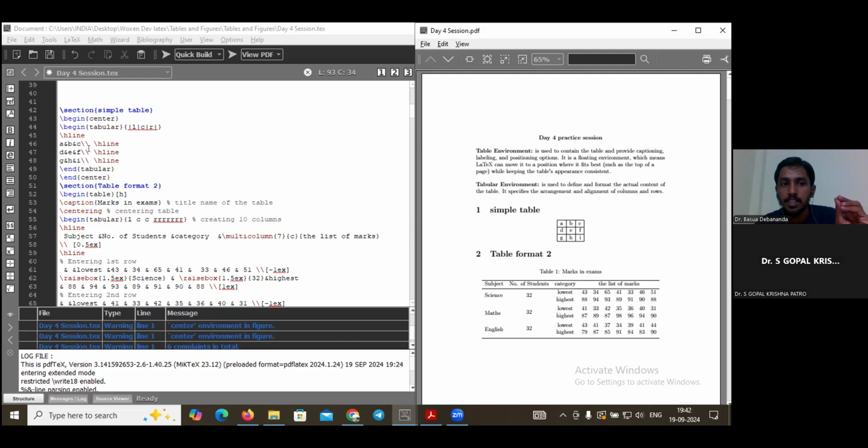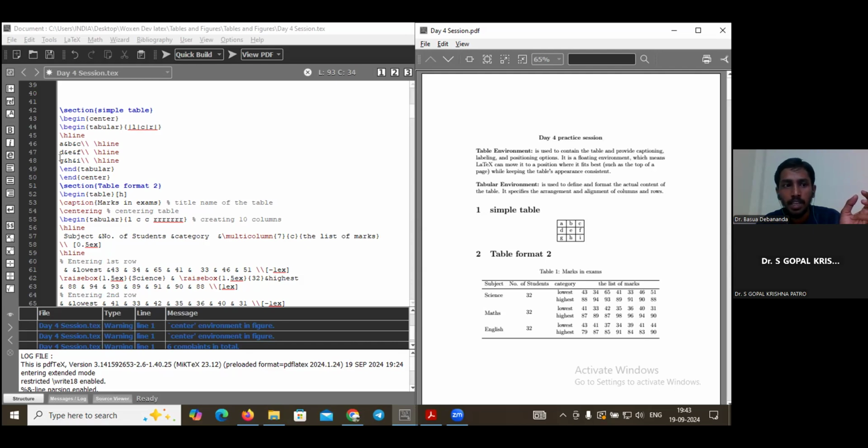Now you can see the simplest table you can draw, just writing A ampersand, \hline, double backslash, these things. Just write what you have to write between \begin{tabular} and \end{tabular}. This is very important, because within the curly bracket you have to mention how many columns. How many rows, you can decide here.